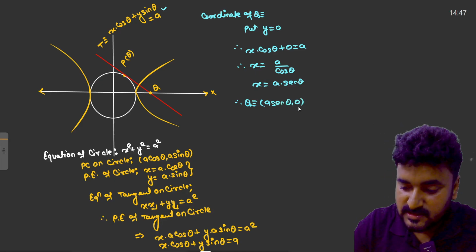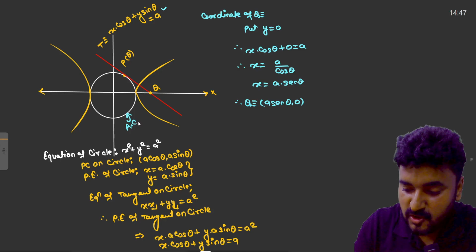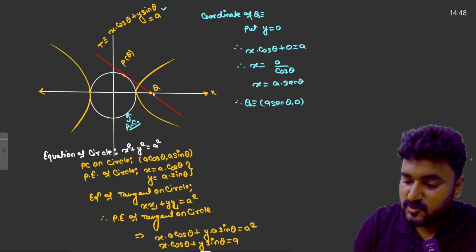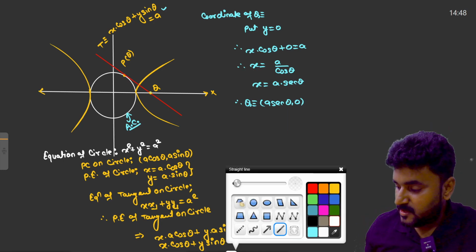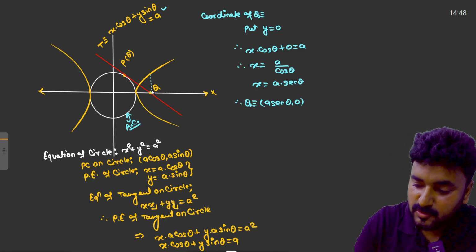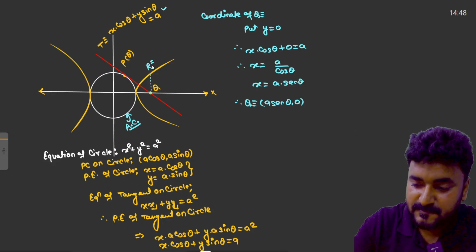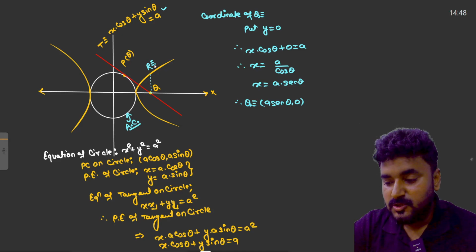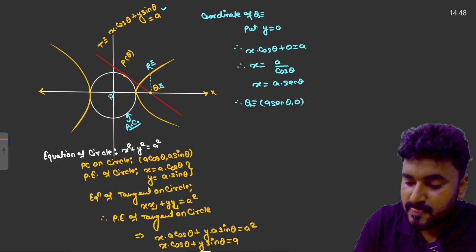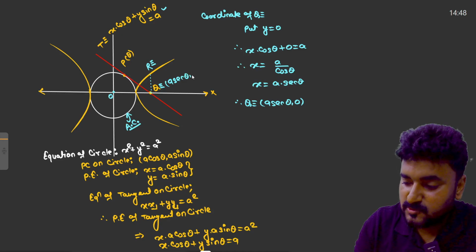Okay, this circle is called the auxiliary circle. So therefore I got this Q coordinate. But we had to find the coordinate on the hyperbola. This is called the parametric coordinate, I will say as R. So you can see that the coordinate of Q is given as a sec theta comma 0.